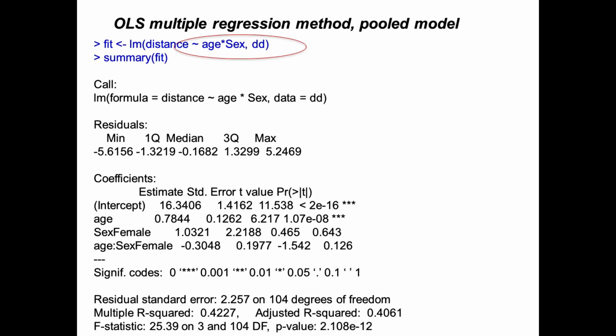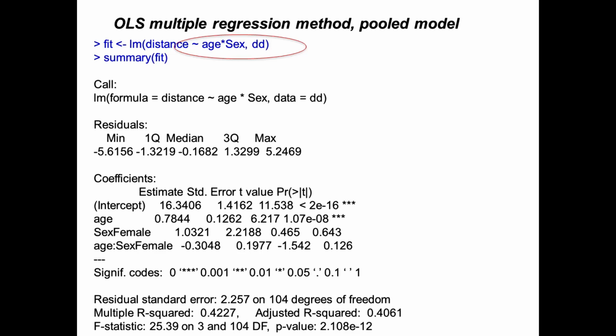And a bit about the syntax that we're using. I have a little star right there, and what the star means is give me all main effects and interactions possible. So here, saying age star sex means I want to look at the main effect of age, the main effect of sex, and then the interaction between the two.